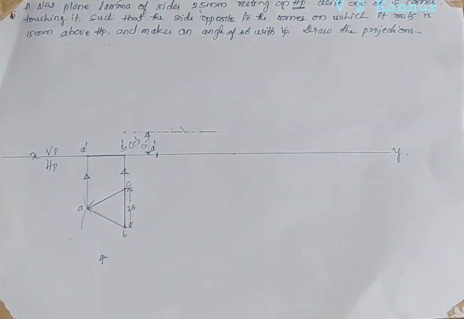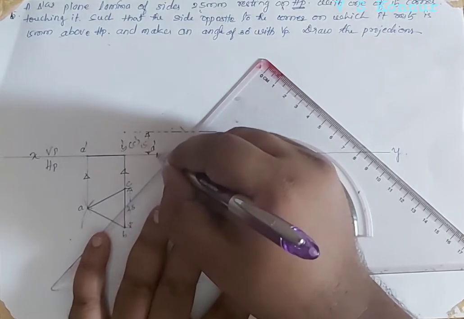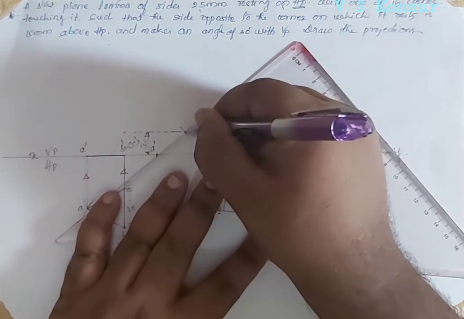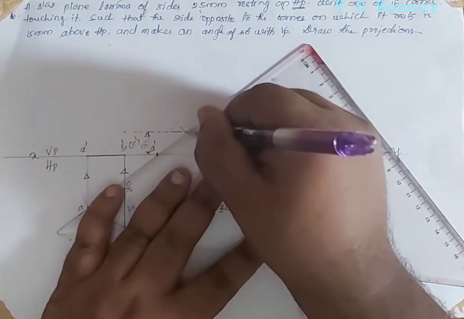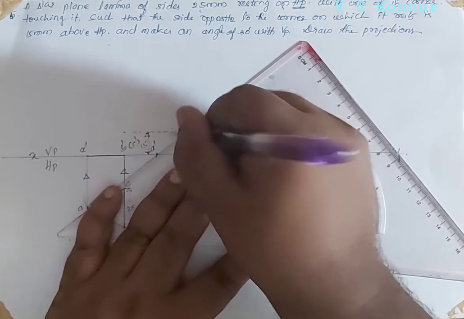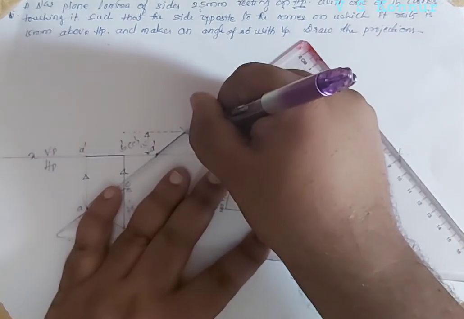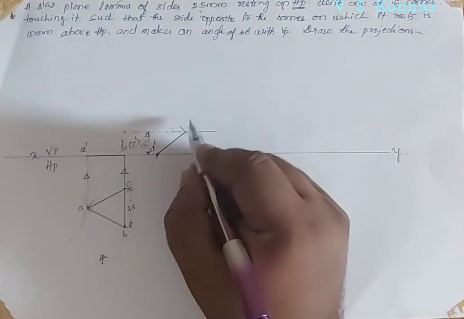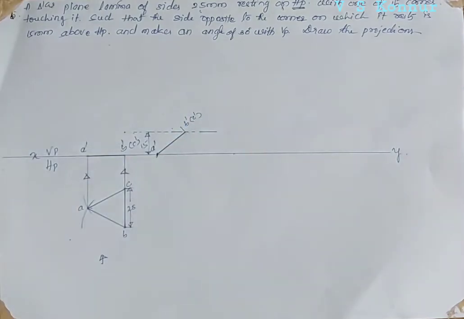Now after cutting you will get a line from this point to this point. You have to join them. Just mark it with a dark line. The lamina has been transferred from the A dash point to B dash, C dash. Right.